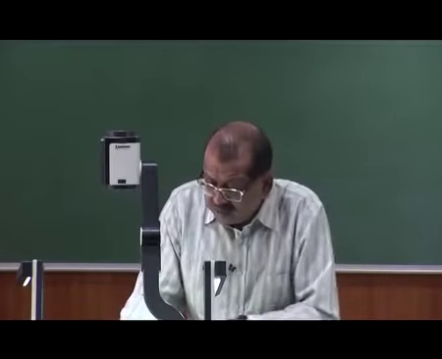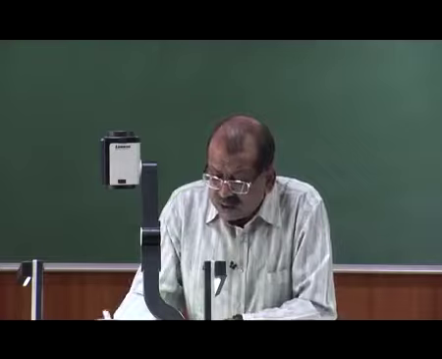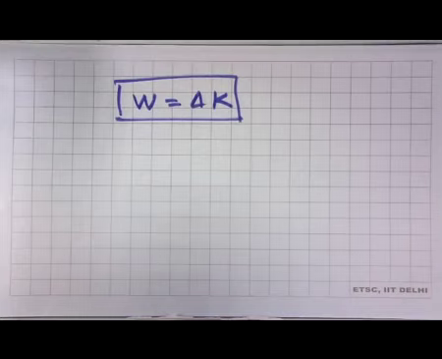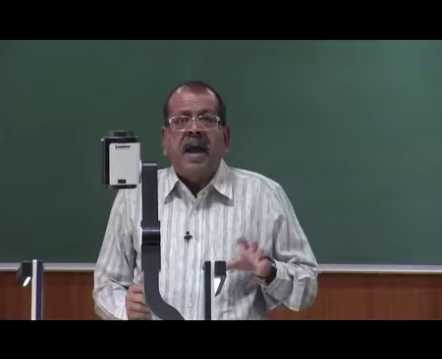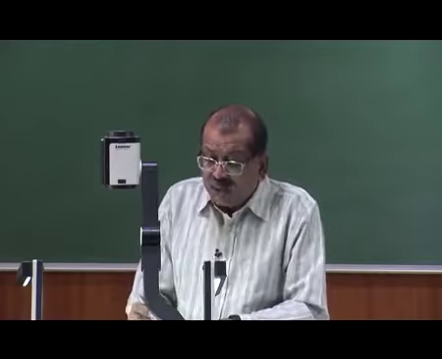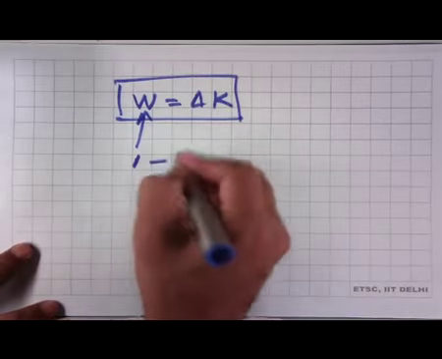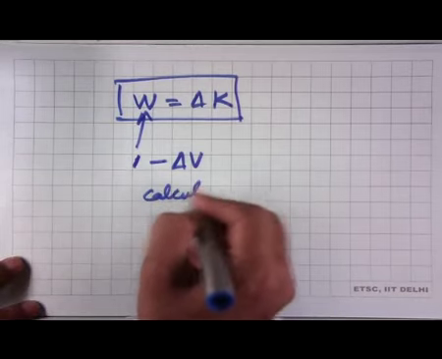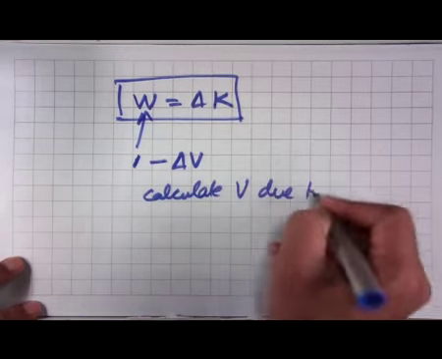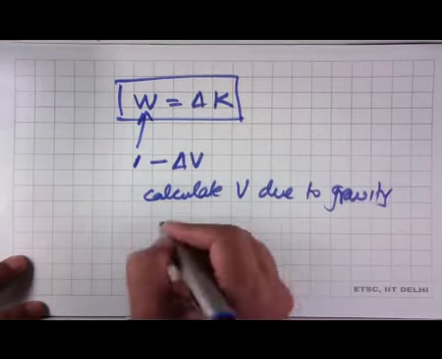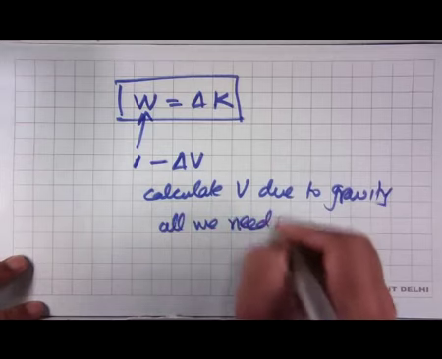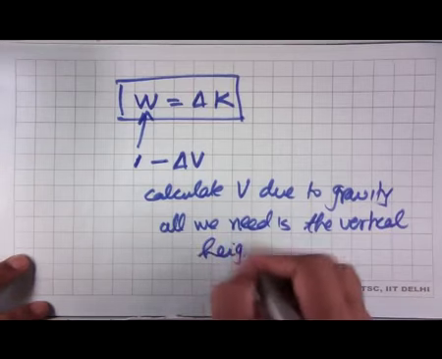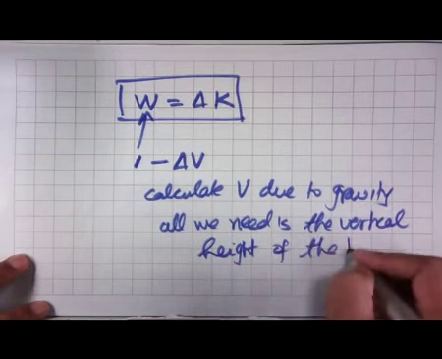See, our original equation of integrated form of Newton's law is W is equal to minus K. Now, if in a problem there is only gravity acting, then the work done by gravity can be written as minus the change in potential energy, and to calculate V due to gravity, all we need is the vertical height of the body.